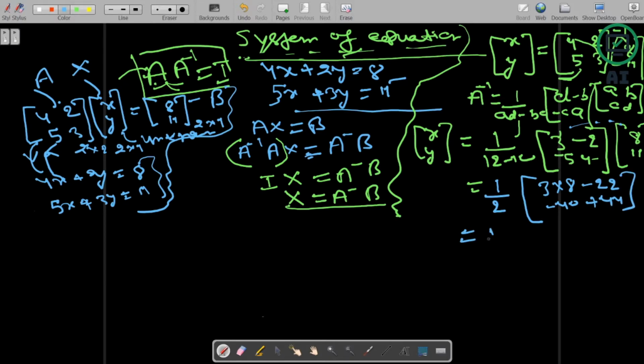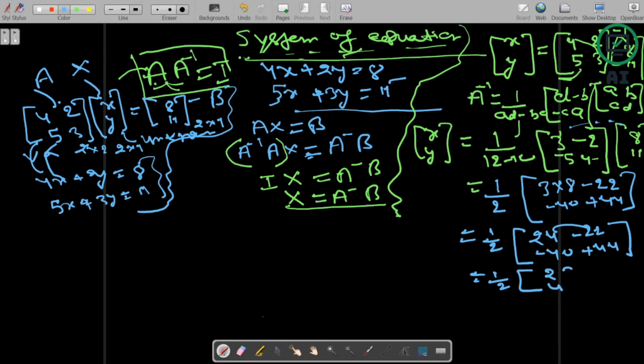Then it is 1 by 2, 24 minus 22, minus 40 plus 44. So it is 1 by 2, here it will come 2, and here 4.